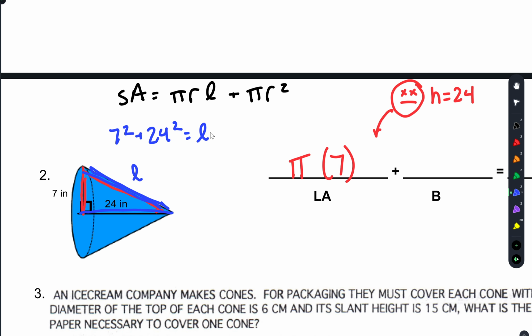If you know your Pythagorean triples really well, you probably already know that this simplifies to 25. I can write 25. There we go. But that's a very common mistake that I see, us trying to use the height instead of the slant height. The rest of the formula, pi radius squared.